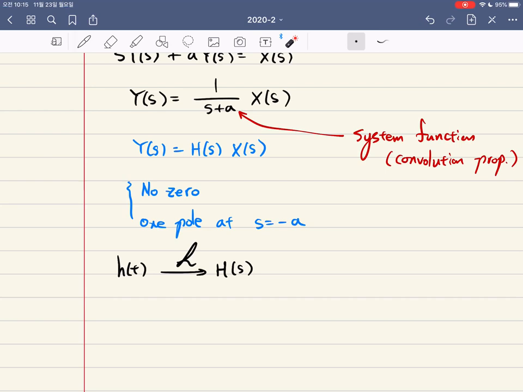So if you want to go in reverse and obtain h(t), then you should do the inverse Laplace transform.